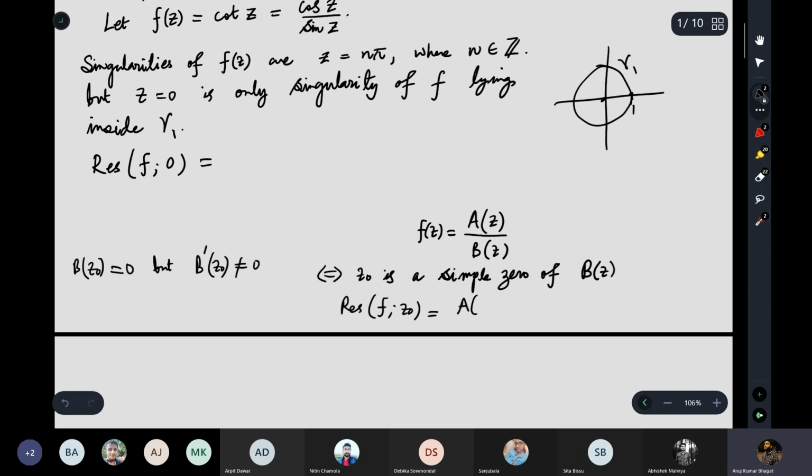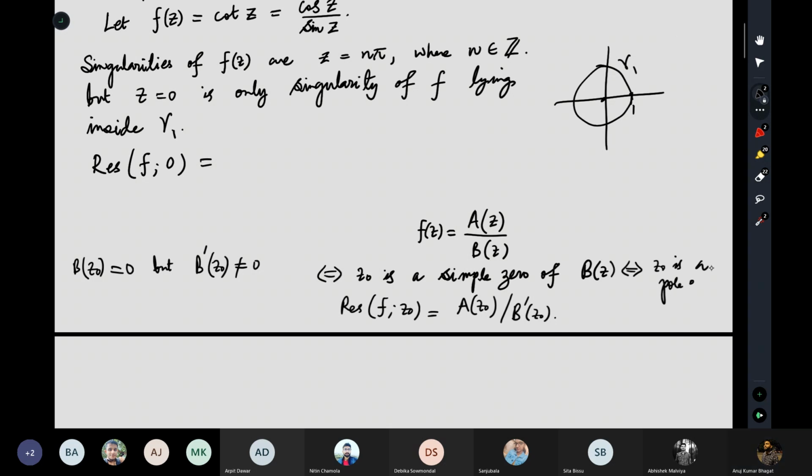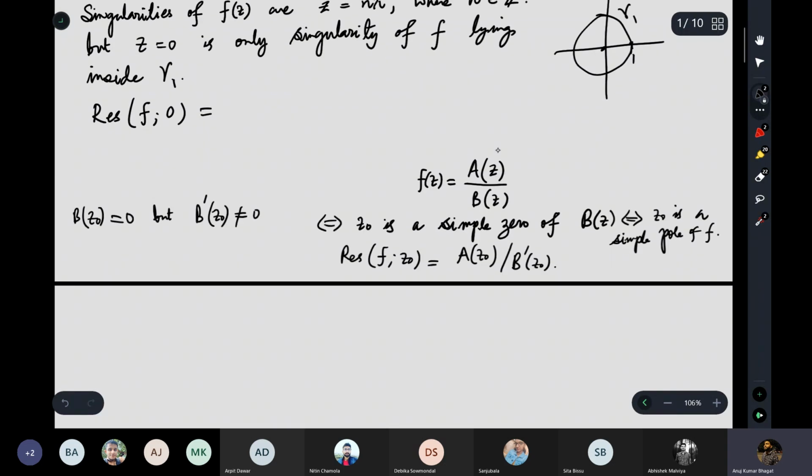It is a(z0) divided by b prime of z0. z0 being a simple zero of b(z) is the same as saying z0 is a simple pole of f. So whenever you have a function of the form a(z) over b(z), where z0 is a simple zero of b(z), meaning this condition, the residue can be easily calculated like this.